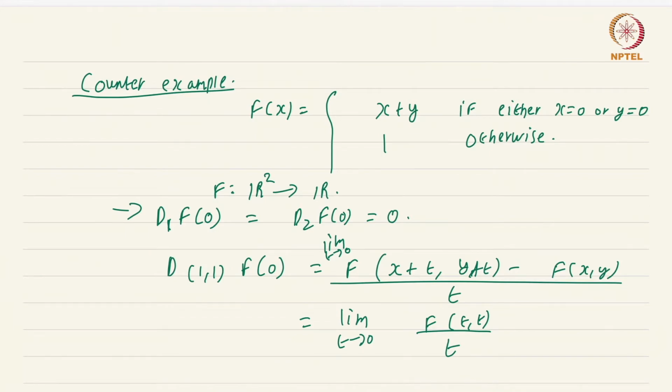This is just 1 by t, right? So the limit doesn't even exist. So when you take the directional derivative along the direction (1,1), the directional derivative does not exist in this direction at (x, y) equal to (0, 0).